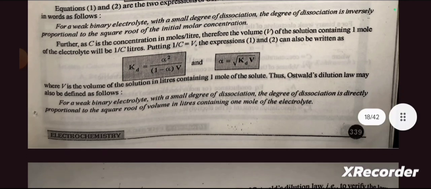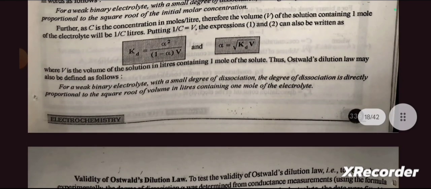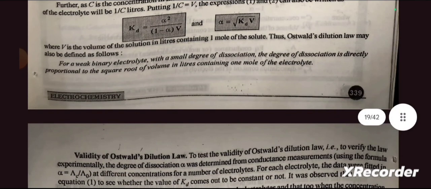Further, as C is the concentration in mole per liter, the volume V of the solution containing 1 mole of the electrolyte will be 1 by C liters. Putting 1 by C equal to V, expressions first and second can be written as Kd = alpha square divided by (1 − alpha)V and alpha = root of Kd into V, where V is the volume of the solution in liter containing 1 mole of the solute.